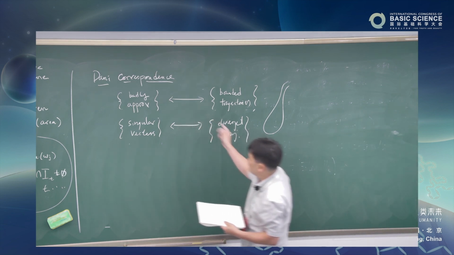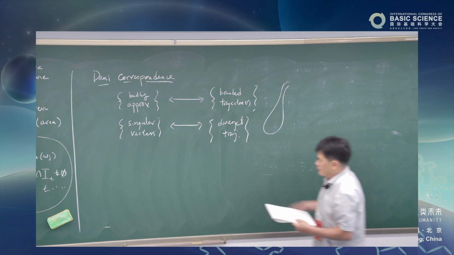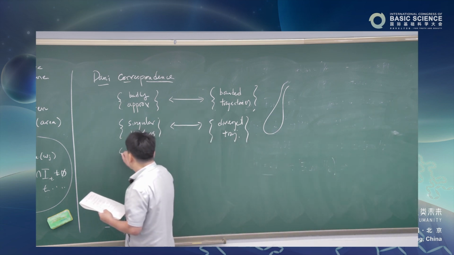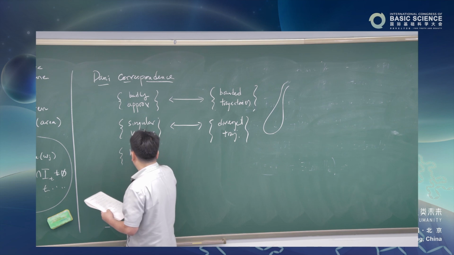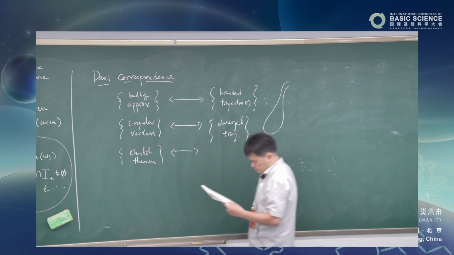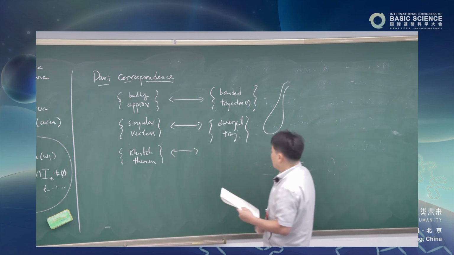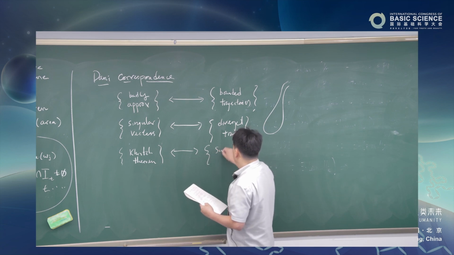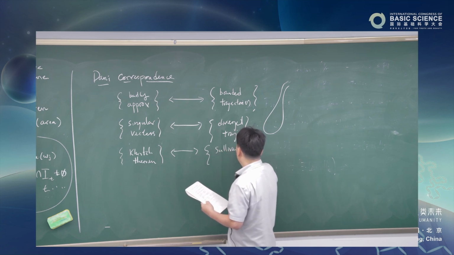These kinds of correspondences have a long history, and there's another type. There's Khinchin's theorem, and Khinchin's theorem corresponds to Sullivan's log law.